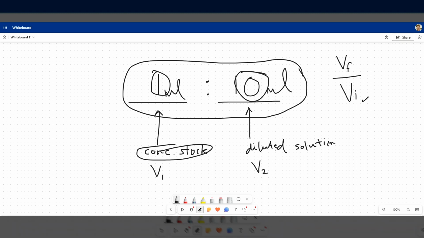So V1 and V2, that's another way of showing it. But in any case, whatever's in this blank is the volume of the concentrated stock, and whatever's in this blank is the volume of your final diluted solution. So if you start with 1 ml and you add 9 ml of water and that makes 10 ml, then that's called a 1 to 10 dilution factor. All right.